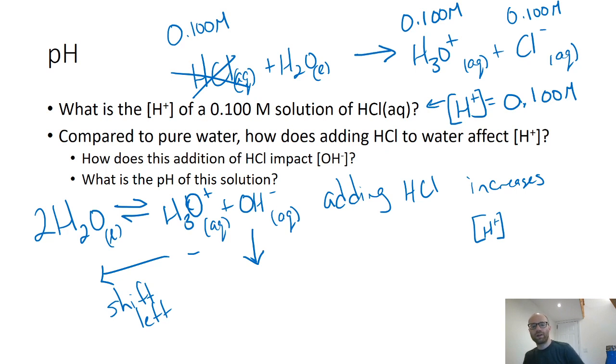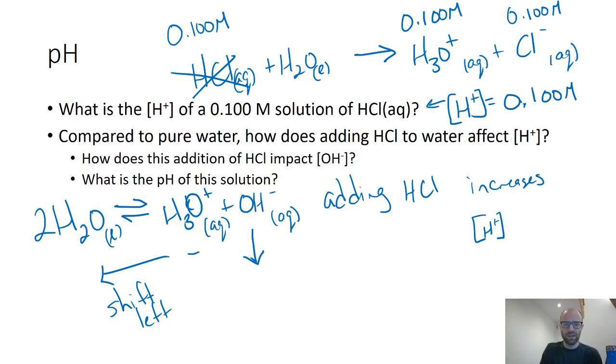Now, this is where I'm going to try and avoid a lot of the math. It would probably invoke a quadratic equation. I don't want to do that. Let's just say that the decrease in the H plus concentration is negligible. Let's not worry about it.